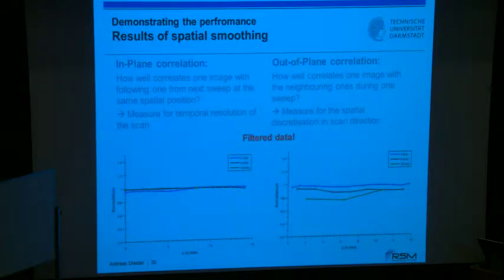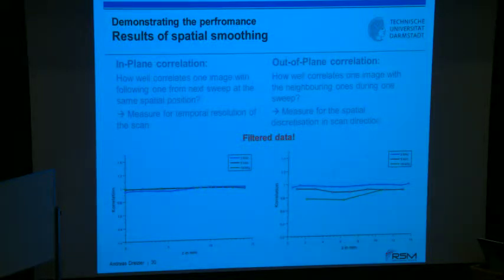And if you now do the same analysis, the in-plane and the out-of-plane correlation, then you find, of course, for the filtered data, correlations more on the side that you would like to have, but of course at the expense of the in-plane resolution. And it's now questionable whether you would like to do that.